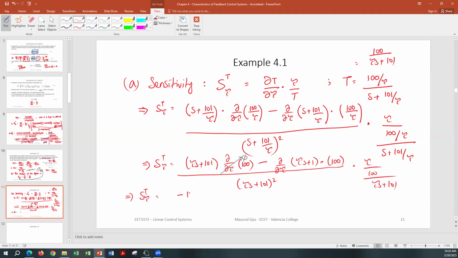So negative 100 times s over tau s plus 1 squared times tau over T.